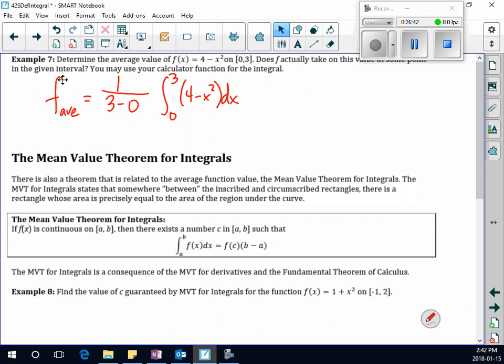So does everybody remember how to punch this in? So I'm just going to simplify this. So this is 1/3 times the integral from 0 to 3 of 4 minus x squared dx. So punch it on your calculator and tell me what you get. Now you can do it separately if you want. Did you get 1?